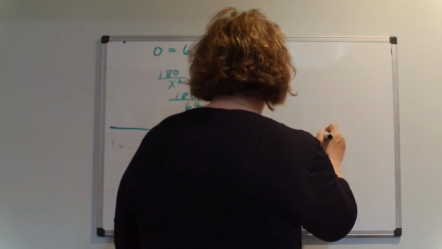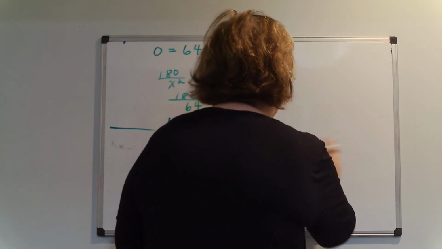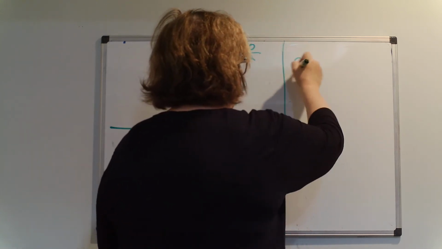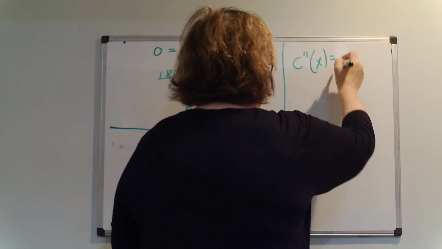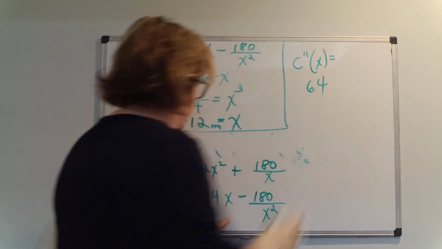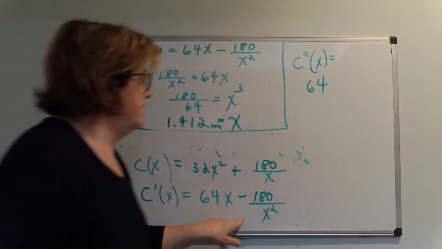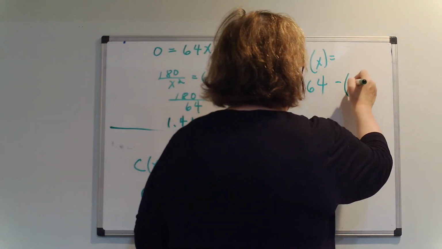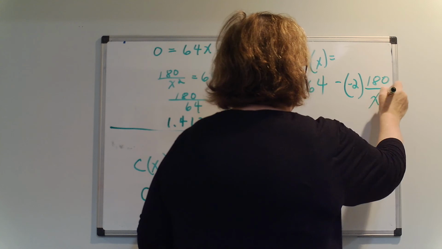So if we get the second derivative, that's going to be, let me write it up here. It's going to be 64. Derivative of 64x is 64. Then we're going to have a minus 2 come down, right? 180 over x cubed.